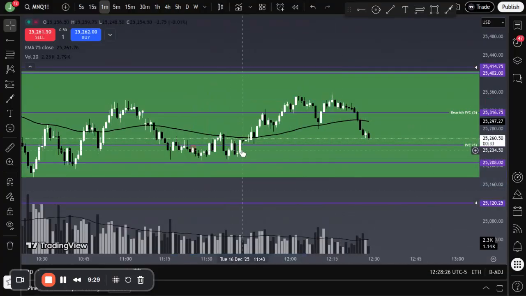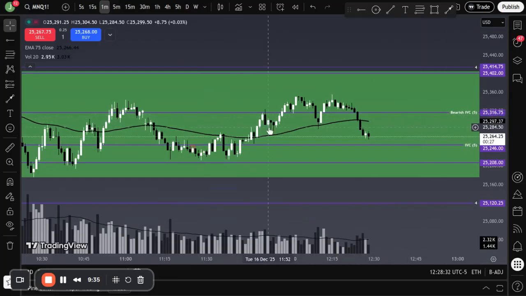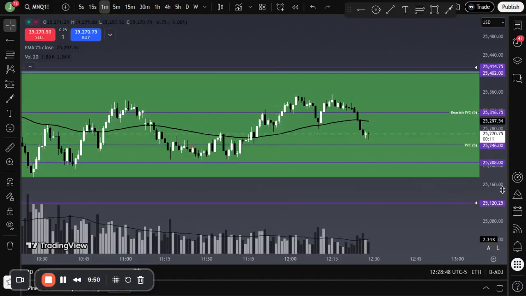We had this bullish run up here, coming off of my level, and then we got this rejection at the bearish IVC. But on the way down, we had highs being protected, they're not being taken out, and then they get taken out right here. I add one contract right here. I get in with two micros, and I add a micro right here. And I'll show the execution real quick.